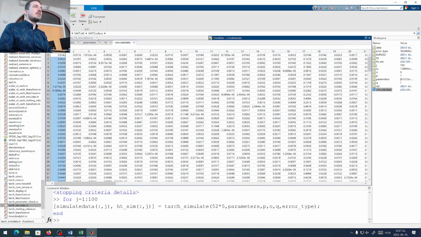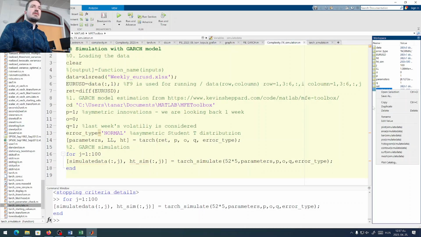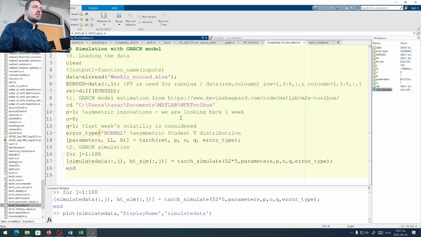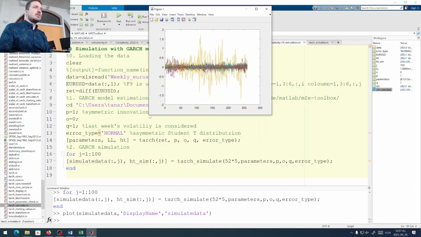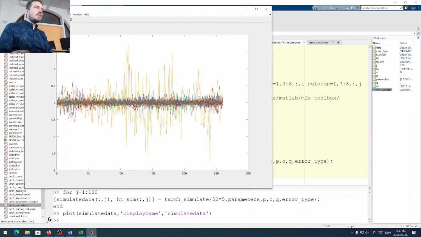We can see that there are different scenarios, and in these scenarios the model gives different estimations for the outputs, which are the exchange rate changes.